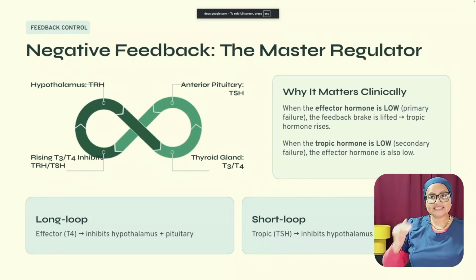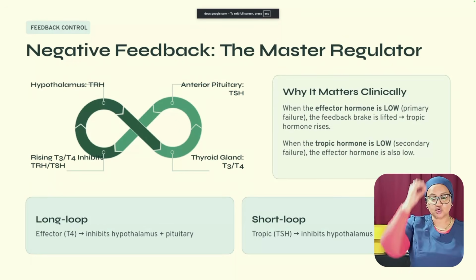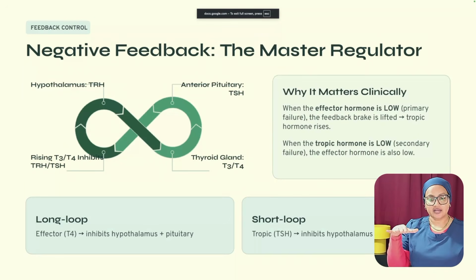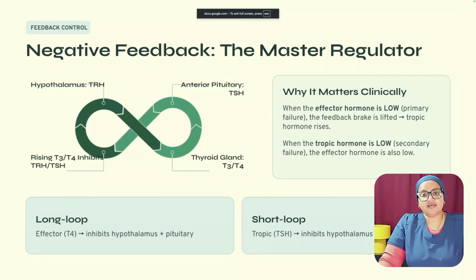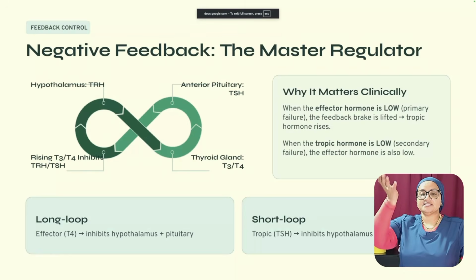No. The rising level of T3 and T4 actually loops back to talk to the hypothalamus and the pituitary, telling them that we have enough, we need to stop or suppress the release of this hormone. So suppression of the hypothalamus and pituitary is done through the rising T3 and T4.